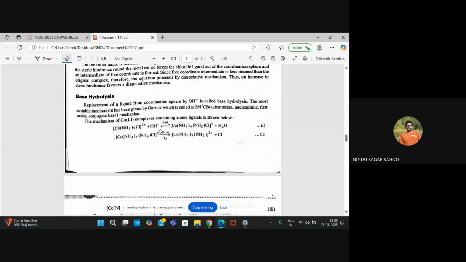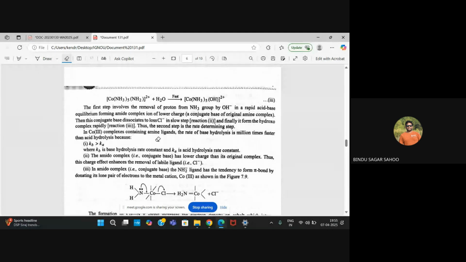In one case the complex charge is 2 plus, in another case the complex charge is plus 1. So definitely, when the charge is less, the reaction rate will be faster. That's why in base hydrolysis the Kb value is more. These are two to three reasons we are expressing here for the faster rate of base hydrolysis compared to acid hydrolysis.